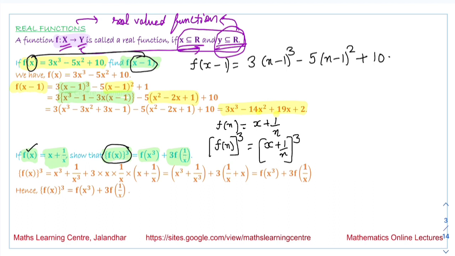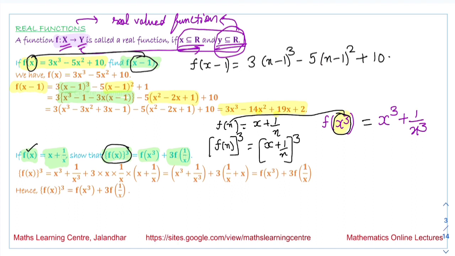We are cubing both sides of this equation. The second thing we are talking about is f(x cube). In place of x, now we have x cube. So in place of x we are writing x cube plus 1 by x cube.